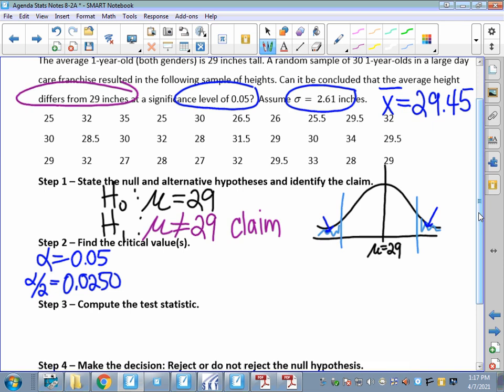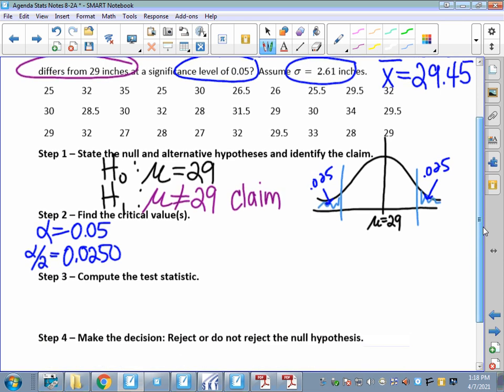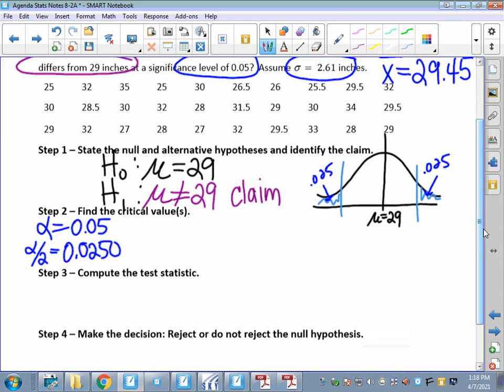So we'll have an alpha over 2 of 0.025, which means we've got a positive and a negative critical value, that dividing line between the shaded and the not shaded. So this is 0.025 and this is 0.025. And we're going to jump into our Z table. We're going to look up 0.025 and we're going to find that our critical value must be positive and negative.